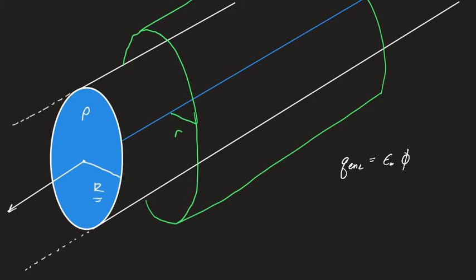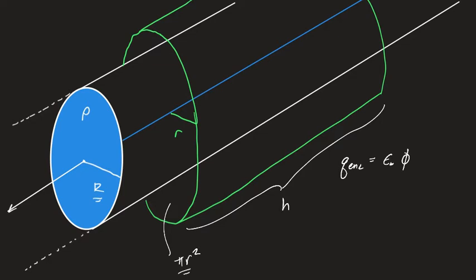I believe it's easiest to deal with the amount of charge enclosed first. I'm going to define the size of my cylinder to have a height of h. And this side is going to have an area of pi r squared.